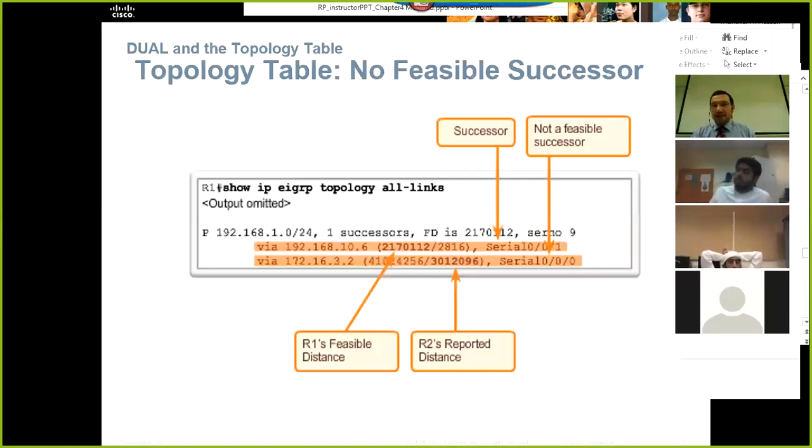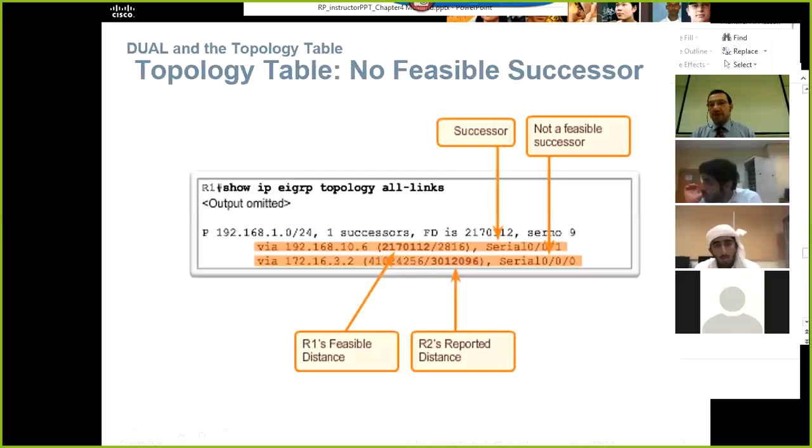Exactly. Well done, Muhammad. So I'm comparing Rashid's reported distance, which is 3,012,000, not to this 2,800, but to the feasible distance, which is 2,170,000. Obviously, 3 million is bigger than 2 million.